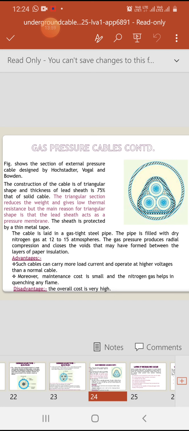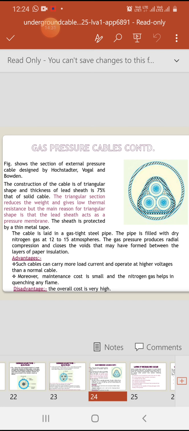The sheath is protected by a thin metal tape, and the cable is laid in gas tight steel pipes, and the pipe is filled with dry nitrogen gas at 12 to 15 atmospheres, and then the gas pressure produces radial compression and closes the voids that may have formed between the layers of paper insulation.